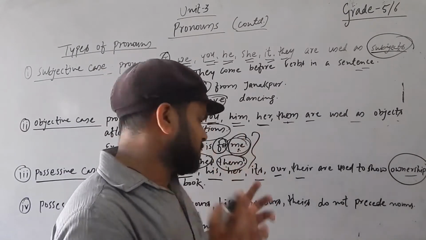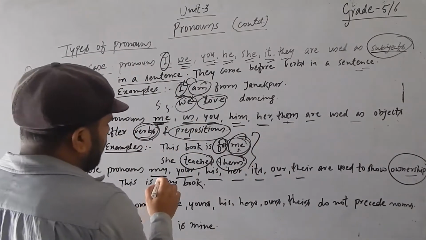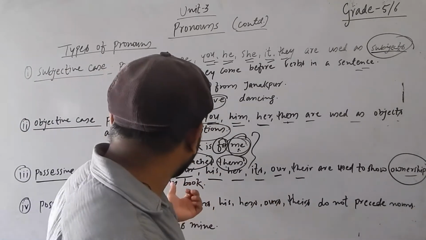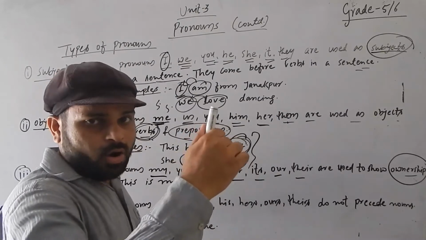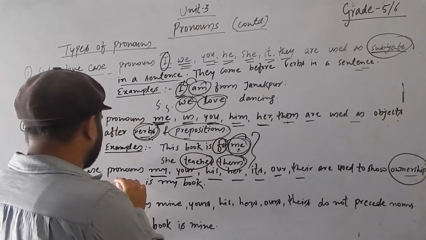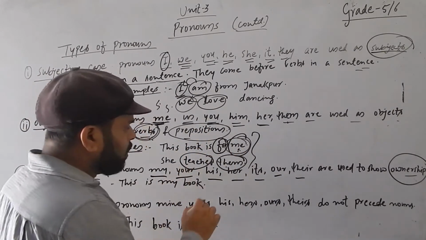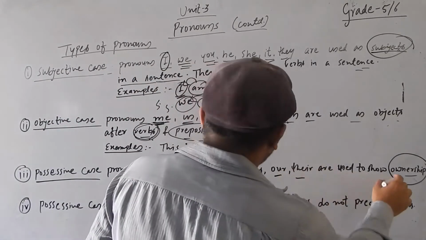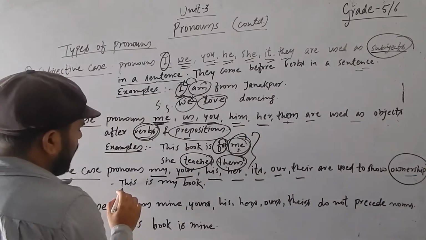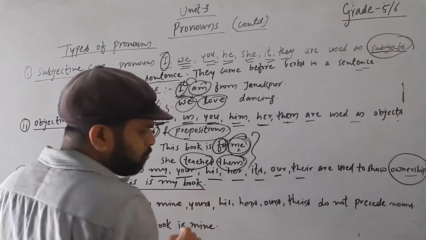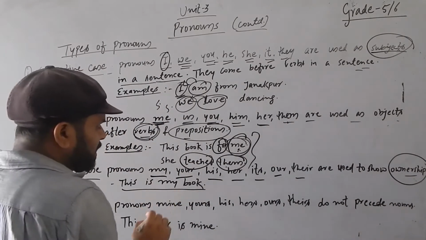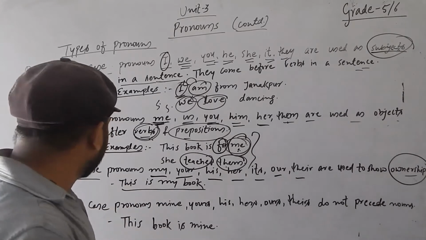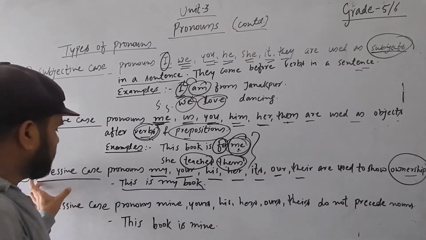So that is the concept of possessive pronouns. Mine. You say this pen is mine. So it shows the ownership. Like, this is my book. So you say that this book is yours and you show the ownership. That is the case with possessive.